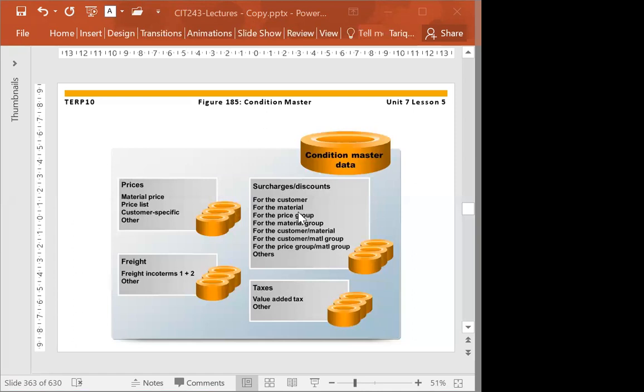Now, we have four master data: customer master data, customer material information, material master data, and condition master data.